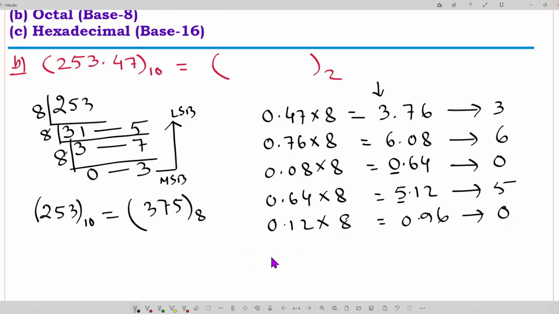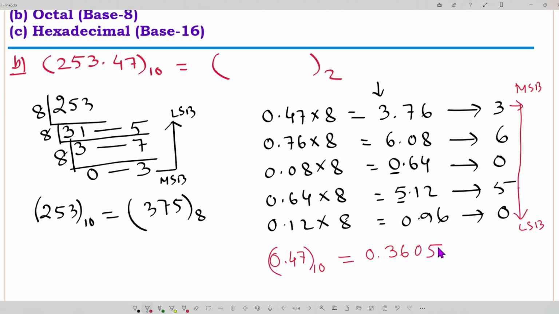So we can write 0.47, it's a decimal number. After conversion, the upper one is the MSB, and this one is the least significant bit. So we can write 0.3605, because it's after the decimal. We can keep this one, right? This one is octal.